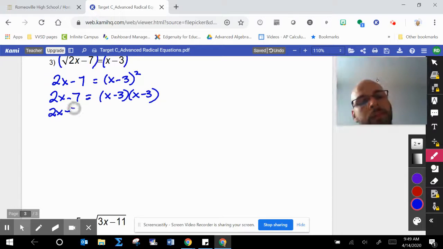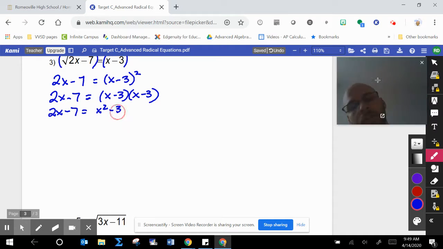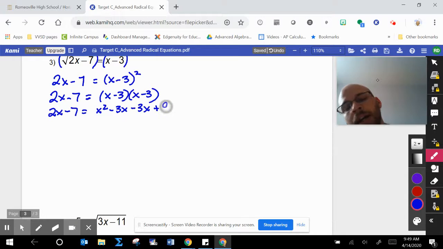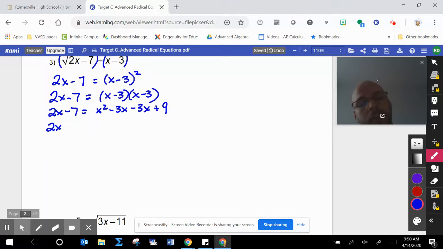So I have a 2x minus 7 equals, and if you distribute this out, x times x is x squared, negative 3x. Negative 3 times x is another negative 3x, and negative 3 times negative 3 is a positive 9. Be very careful with your arithmetic there. I'm going to combine like terms, right? So the right-hand side would really just be x squared minus 6x plus 9.